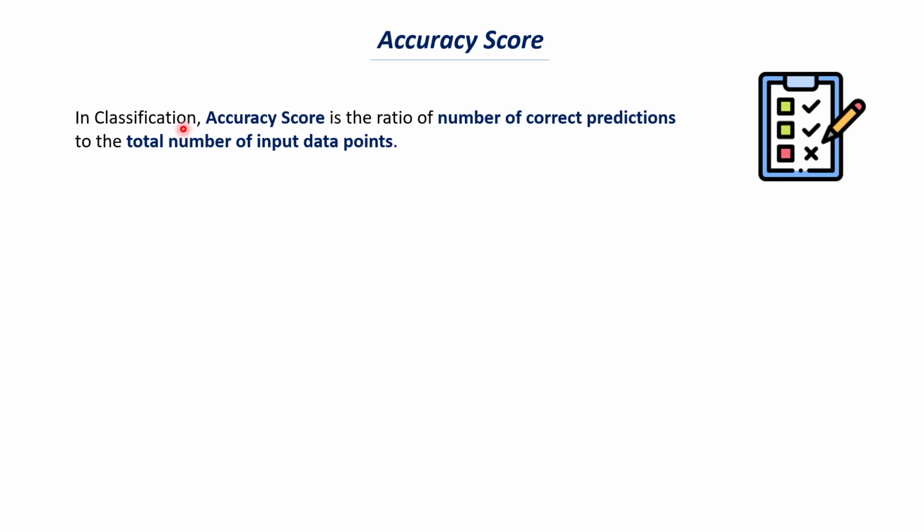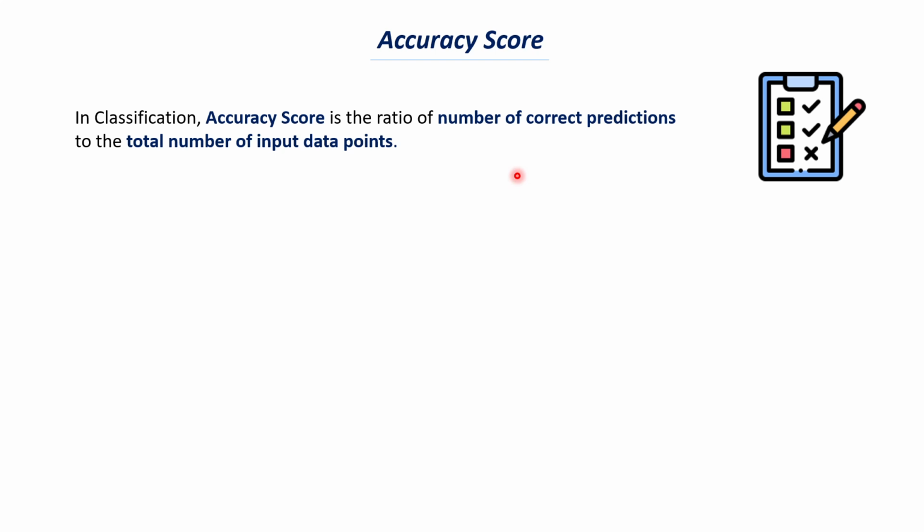So this is very, very simple. In classification, accuracy score is the ratio of the number of correct predictions to the total number of input data points. Okay, so we just need to find the ratio of the number of correct predictions. Let's say that we have trained our machine learning model, and we are using this model to predict a set of values.